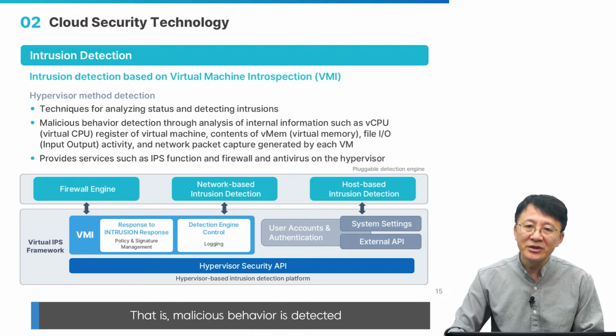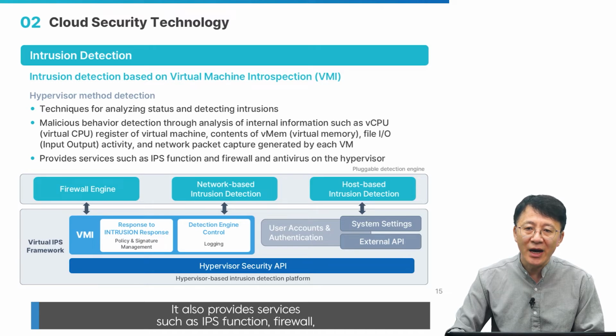That is, malicious behavior is detected through analysis of internal information such as virtual CPU registers of the virtual machine, content of the virtual memory, file input-output activity, and the network packet capture generated by each virtual machine. It also provides services such as IPS function, firewall, and antivirus on the hypervisor.